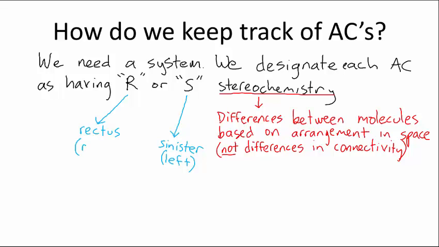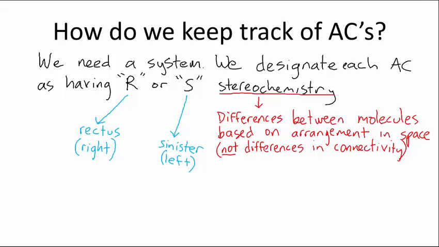Any Latin scholars in the room? Yeah, so in German, the R would make sense. Recht would be right, but left in German doesn't start with S, right? So whatever it is, who knows who came up with those two letters? Don't try and make sense of them. They're just the letters someone chose. Kind of like our atomic orbitals are S, P, D, and F because someone chose those letters.